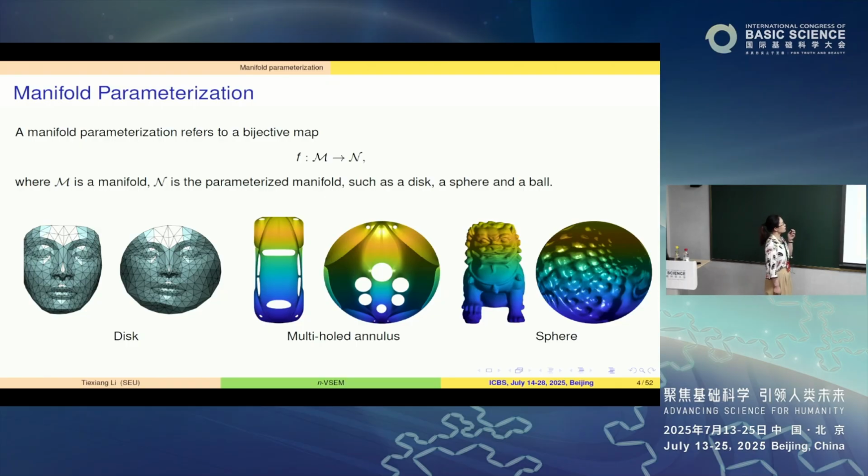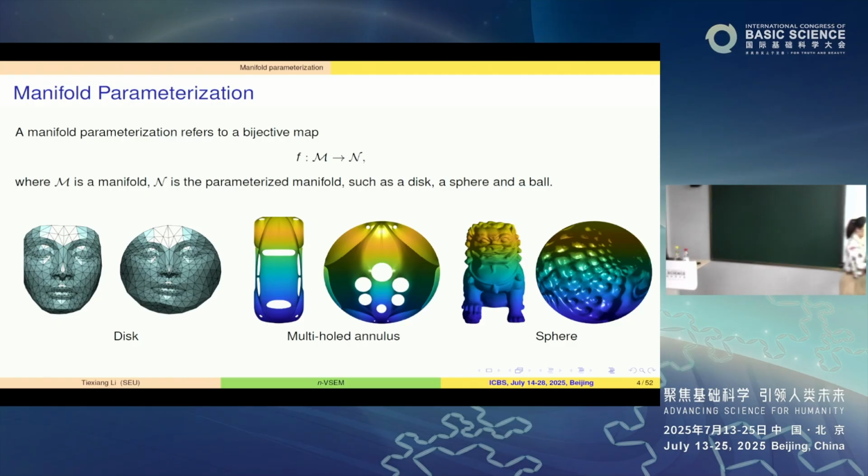Manifold parameterization means we want to find a bijective map F from M to N. Here M is a manifold, like this one, a 2D surface, and also a 3D surface, and this is a 3D manifold. And N is the parameterized manifold, usually a canonical manifold, like the disk, the sphere or a ball.